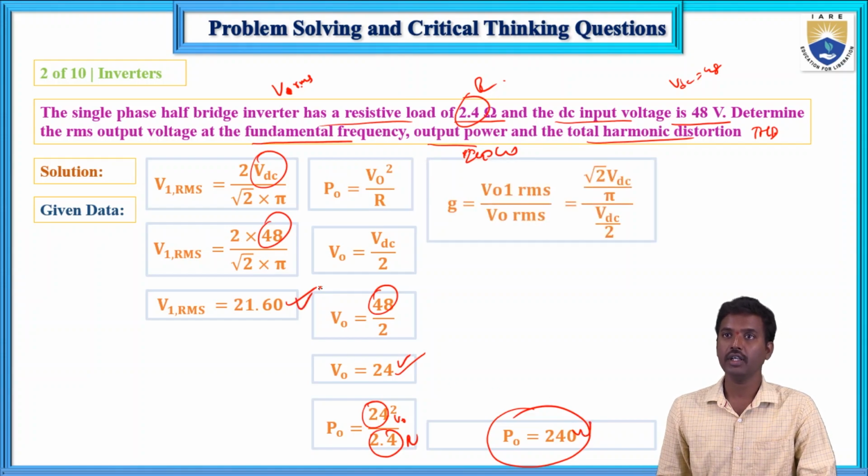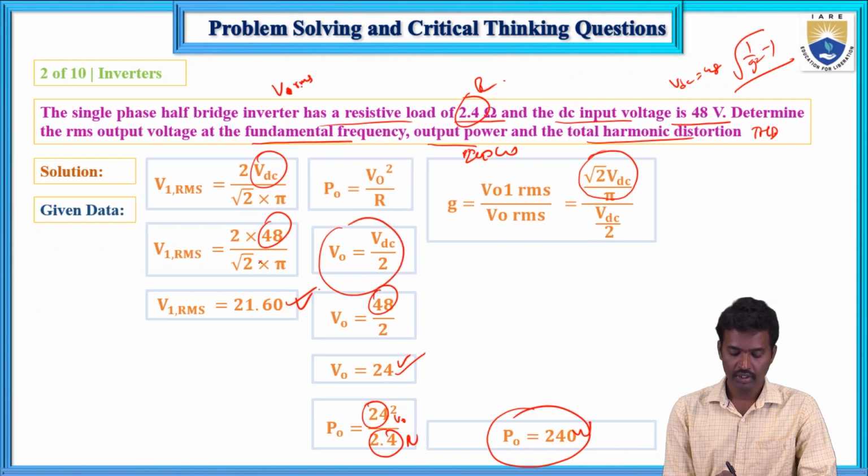Next, THD equals under root 1 by G square minus 1, where G means V01 RMS divided by V0 RMS. V01 RMS is root 2 VDC by pi, and V0 RMS is VDC by 2.